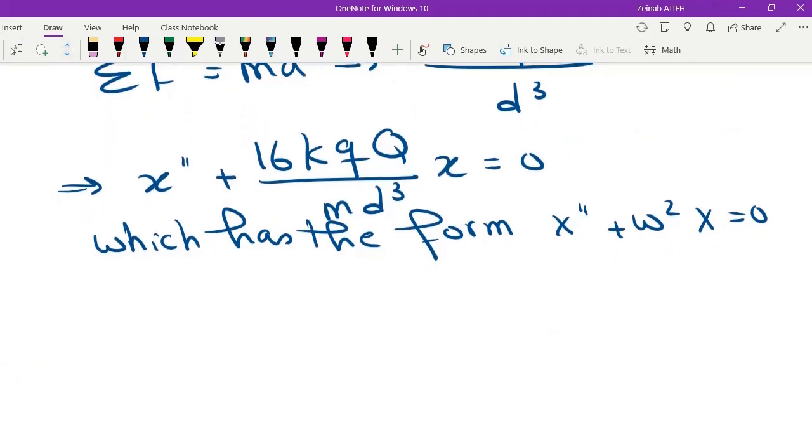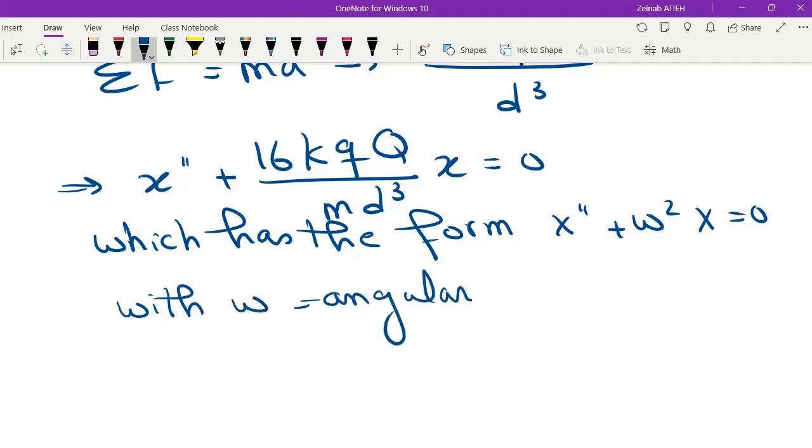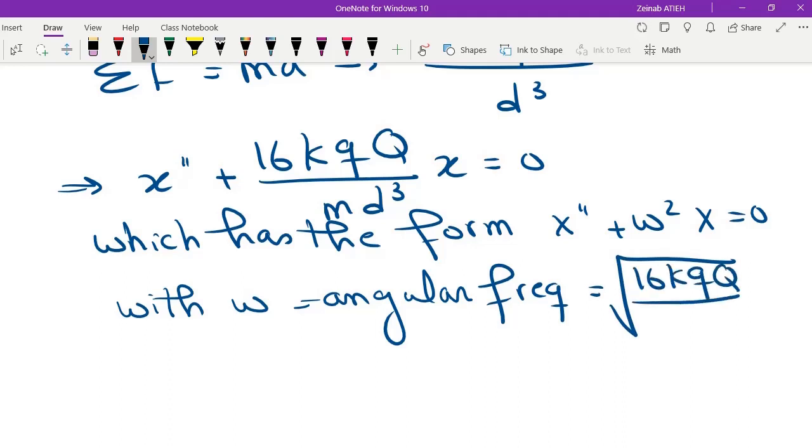What is omega? Omega is called the angular frequency of oscillation, which is equal to the radical of 16kq over m d cube.